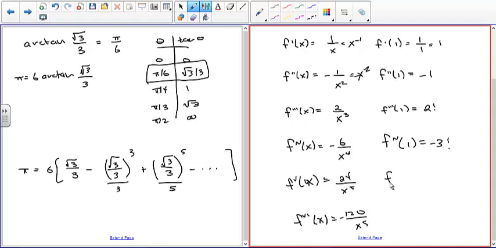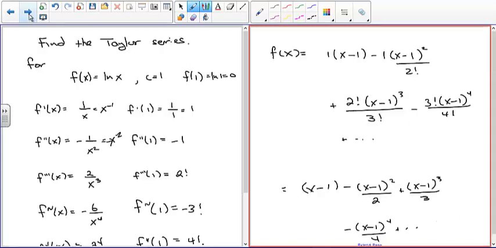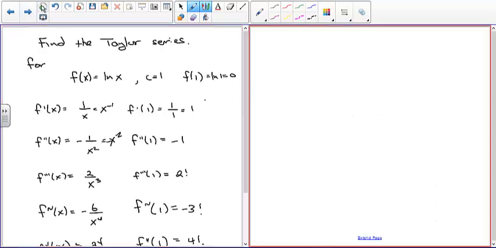So if you keep evaluating these subsequent derivatives at x equals 1, the next term will be positive 4 factorial, and the next term, which is the sixth derivative, will be negative 5 factorial. So those are the coefficients, which then you plug into the expression. So let me write the expression out again.